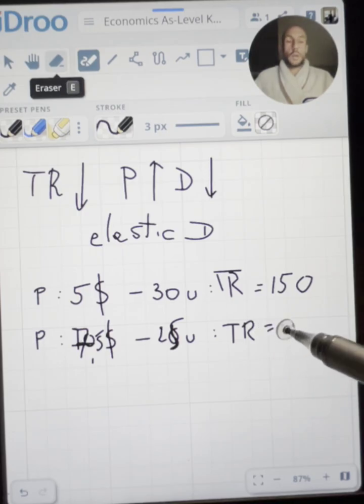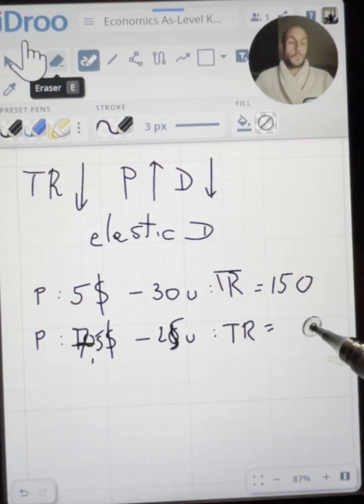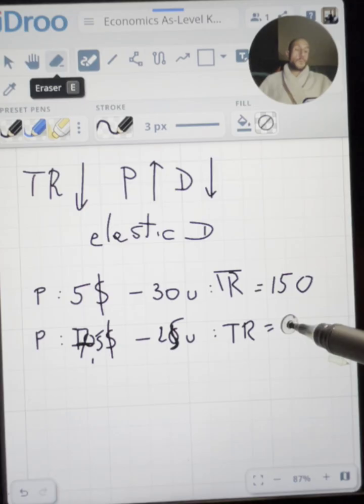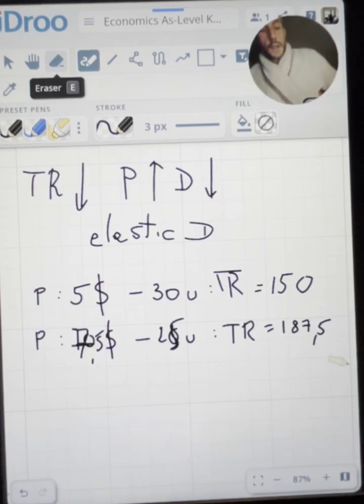Let me put it down on a calculator. Okay, just 1 second. 7.5 times 25, 375 over 2, 187.5. So the total revenue increased in this case.